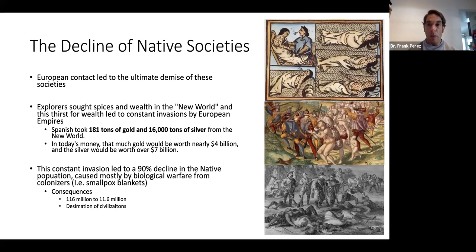So we want to also consider that if we're having conversations about reparations, what this actually looks like, and also what would indigenous societies even look like without European contact.